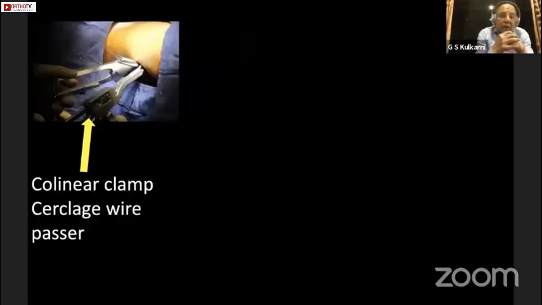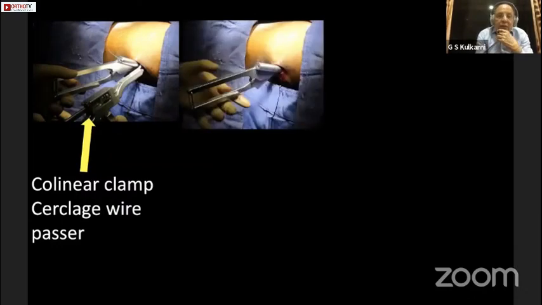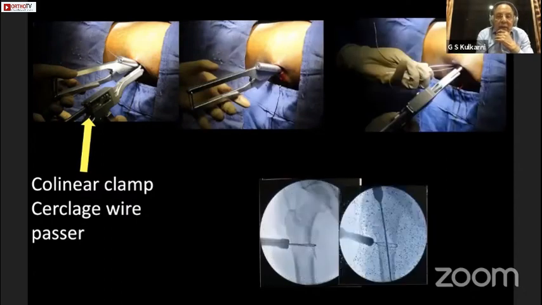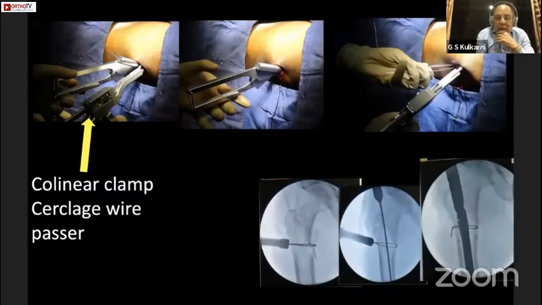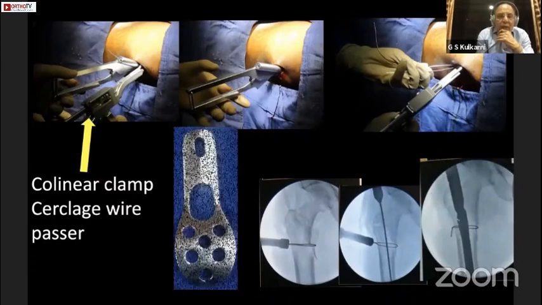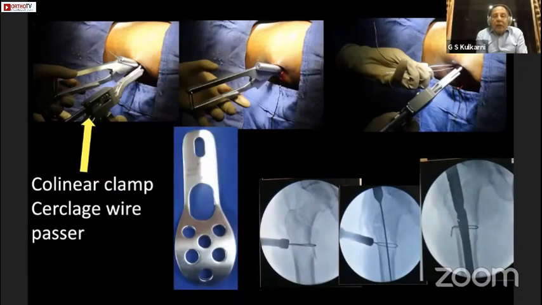Now this is a collinear clamp, a circlage wire passer, and this is how it is done. I'll show you a small video. This is from Dr. Ganjale's plate, which he has invented very nicely.